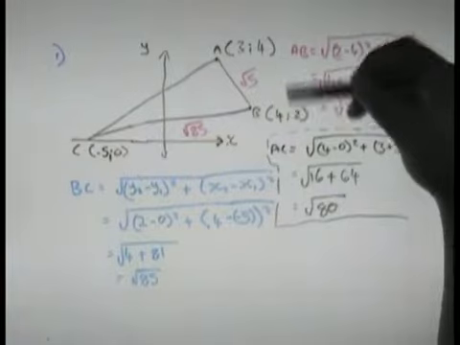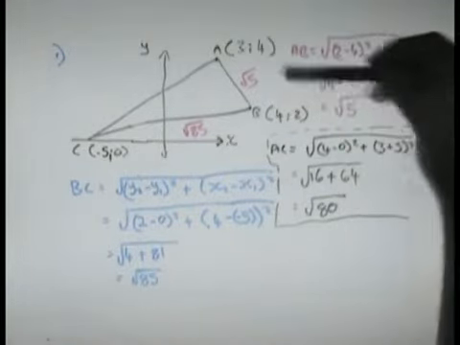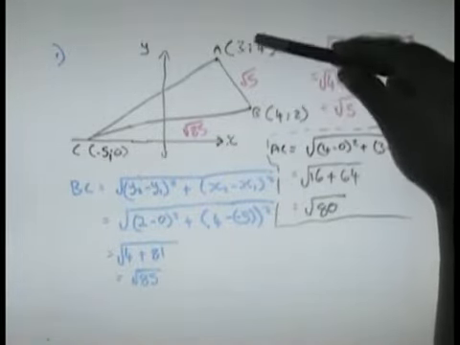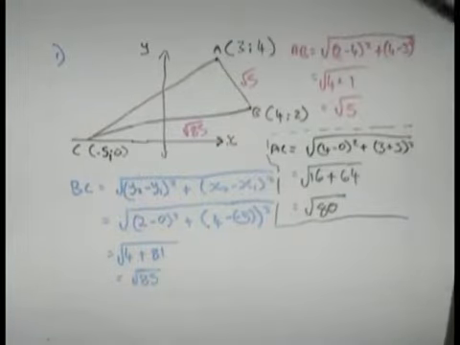You can't say y2 and x2. It has to be y2, x2, y1, x1. Alright, keep that in mind. Okay, but those are the distances that were asked for.